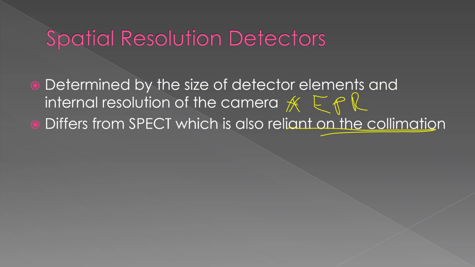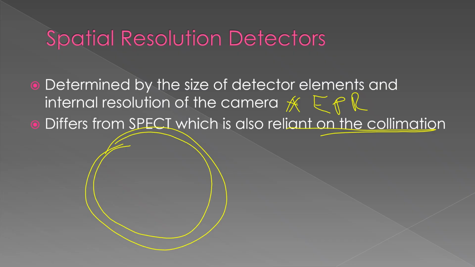Because our collimators are filtering out photons that come from wonky angles. You have a row of detectors around the patient with PET, and you're relying on these photons hitting opposite of each other to determine whether it counts as a count or not. So they have to already be coming from straight on, because there has to be a pair on the other side. And so because of that, we don't need the collimators like we have in the gamma camera to filter out photons that are coming from funky angles.